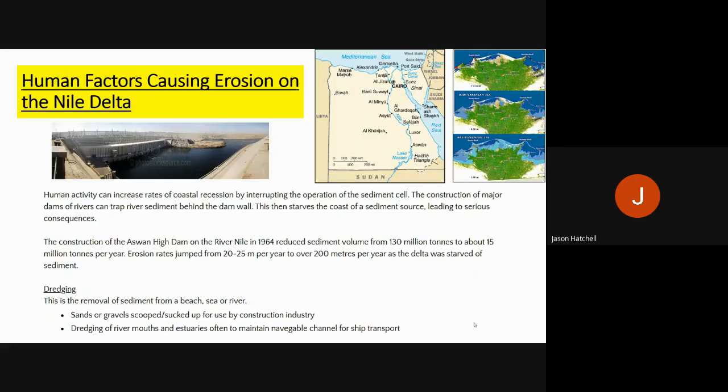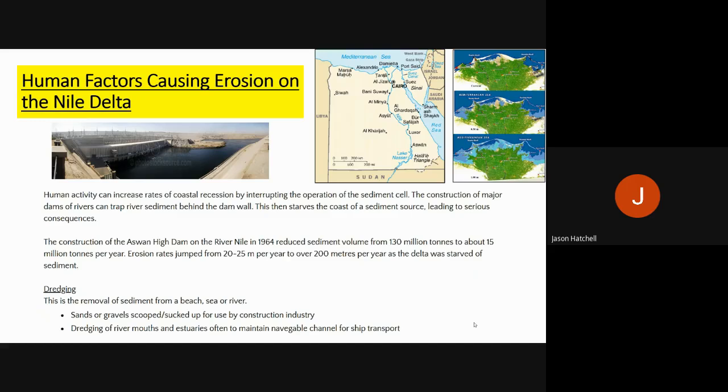We also have the idea of human causes of erosion, and your example for this would be the Nile Delta. We're talking about Egypt here, specifically north of Cairo, for example. What we see here is increased rates of coastal recession. So the coastline is moving further and further inland in the sediment cell. That's because the dam holds sediment from the river back.